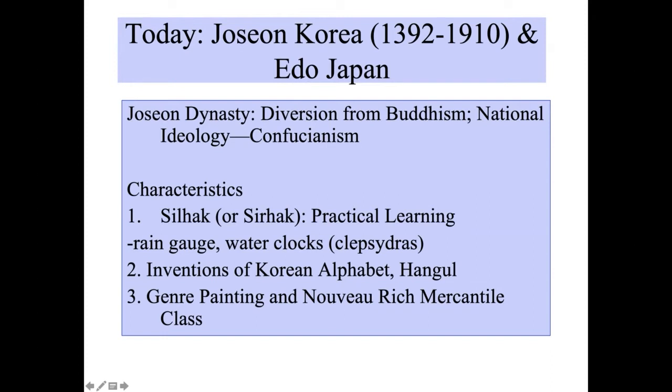So in the Joseon Dynasty, the most important characteristic that you have to remember is Shilhak. Shilhak means practical learning. There is an invention of a Korean alphabet called Hangul. Hangul is the name of the Korean alphabet system. And in the late Joseon Dynasty, we are going to see the rise of new wealthy merchants and the popularity of genre painting.